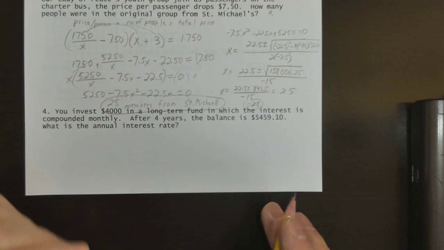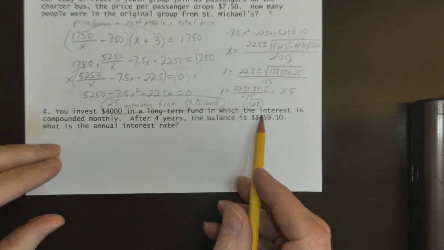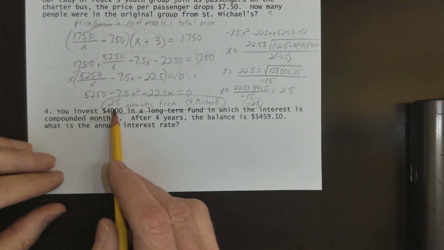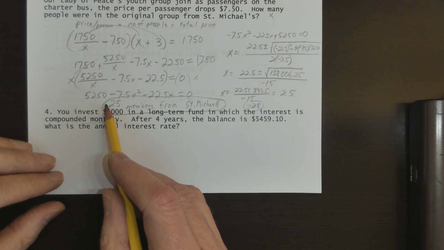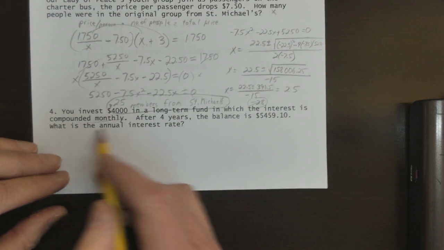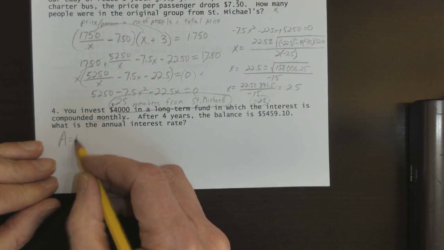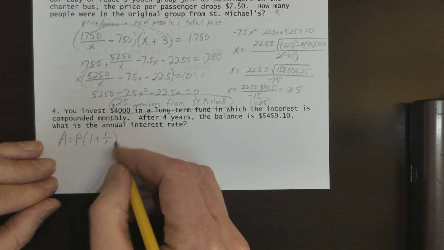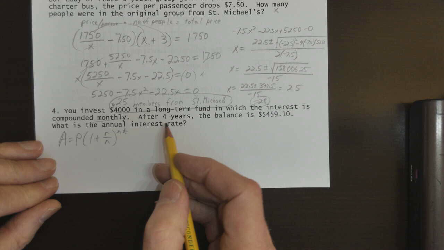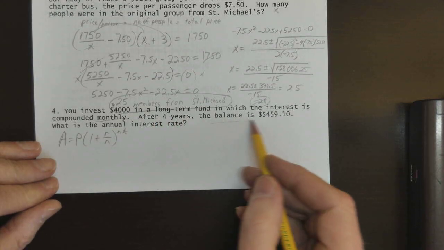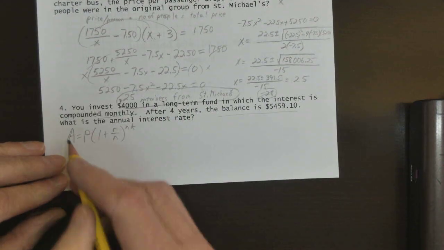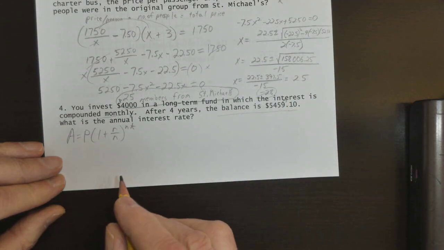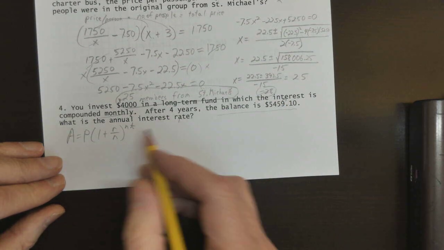You invest $4,000 in a long-term fund in which the interest is compounded monthly. Okay, that looks like a principal. There's 1 plus r over n to the power of nt. After 4 years, the balance is $5,459.10, and they're asking for r.